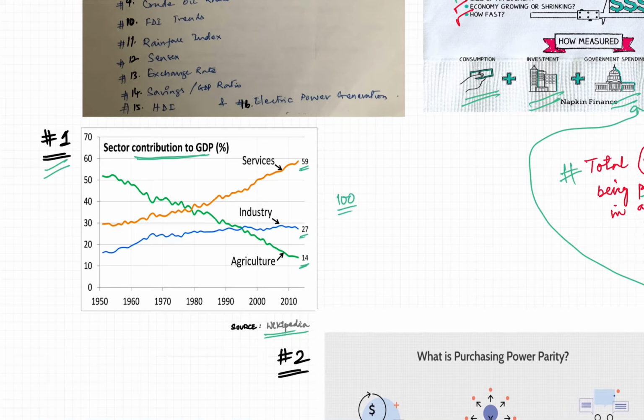Out of this, maximum contribution is from the service sector. Since after 1991, that is when the economy opened up, there has been a consistent and persistent shift from agriculture to services. So our economy is more service oriented rather than agro based.